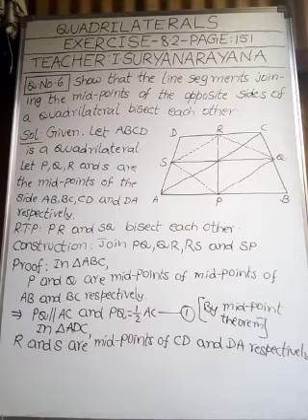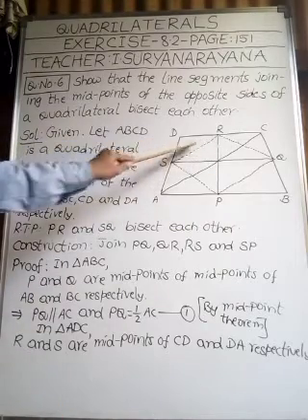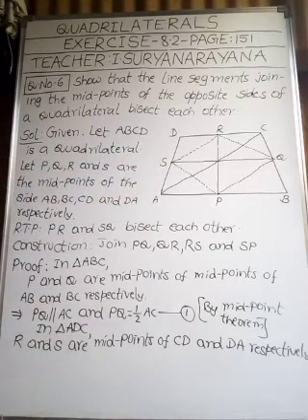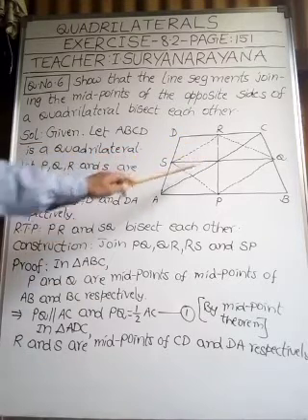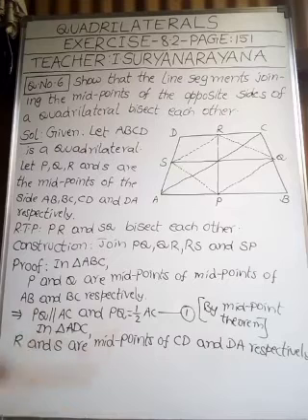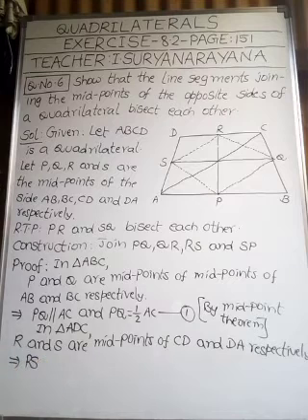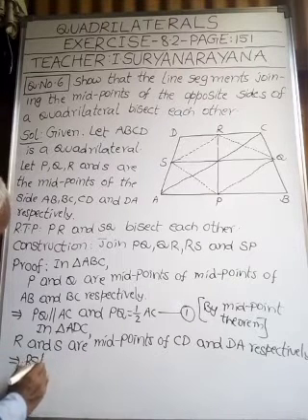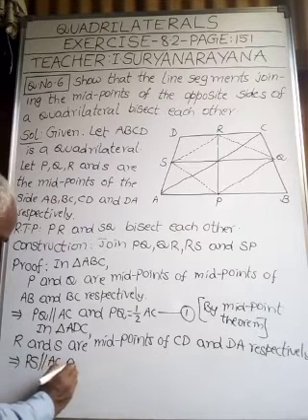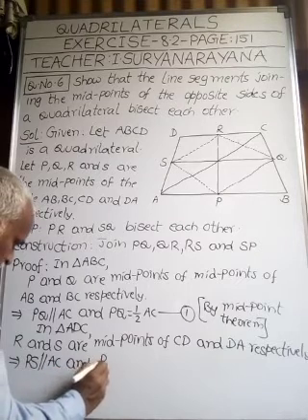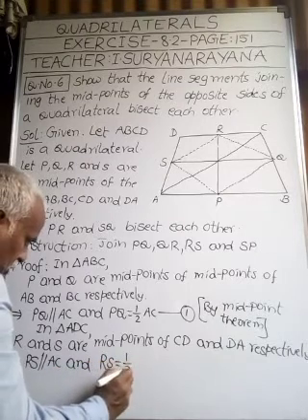CD and DA respectively. R is the midpoint of CD and S is the midpoint of DA. Okay, my children. So here also we can use the concept of midpoint theorem. This implies RS is parallel to AC and RS is equal to half of AC.